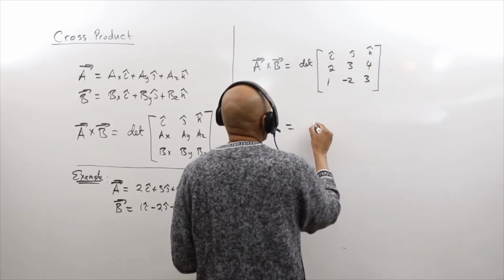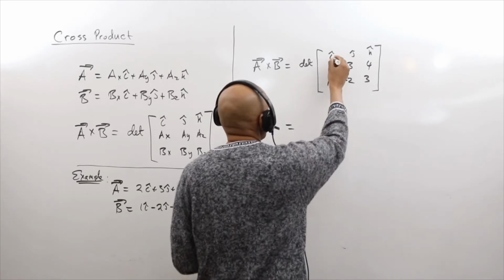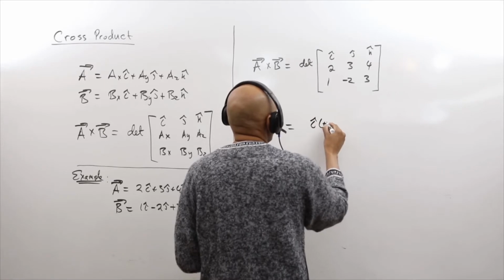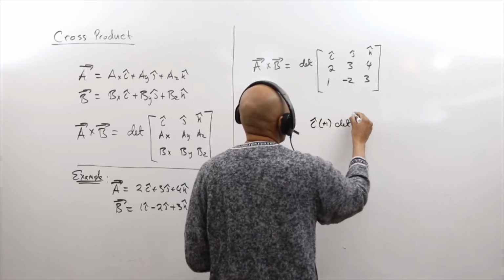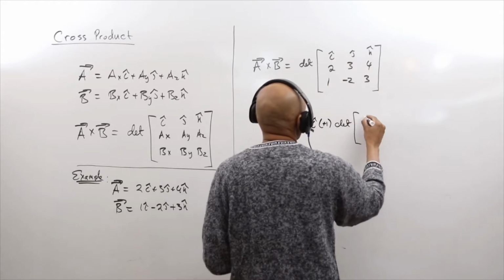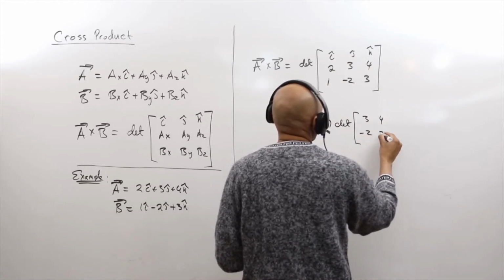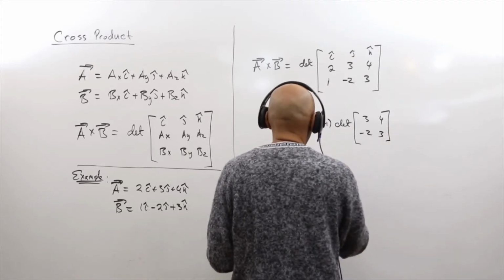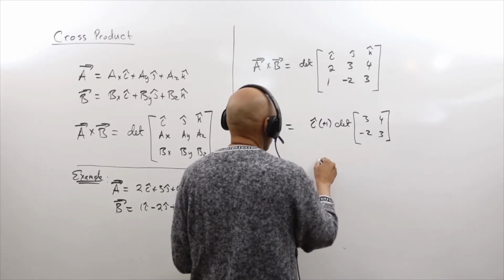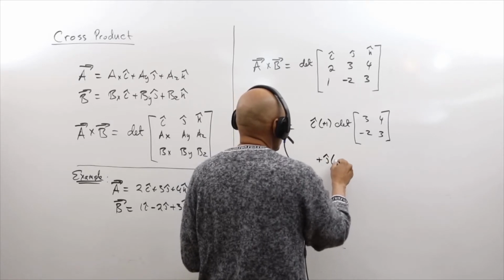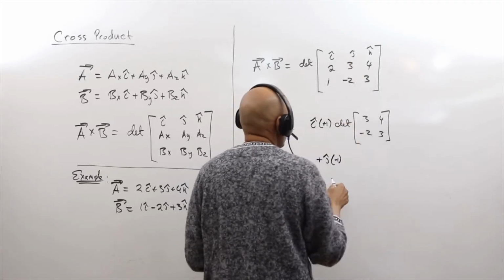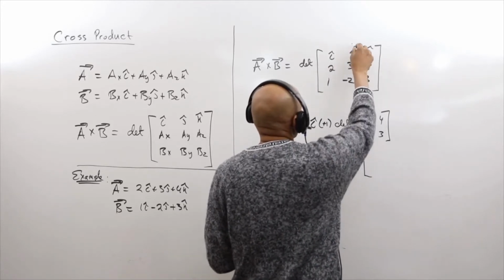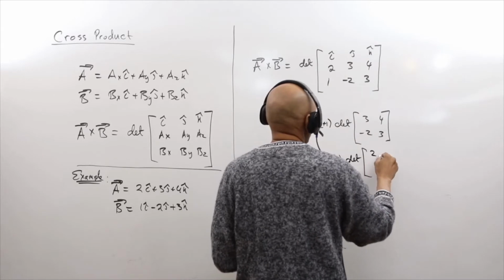So in that case we're expecting a sign matrix, so this will be plus, minus, plus. So this will be i times plus 1 times the determinant of the minor matrix. Remove this, which is 3, 4, minus 2, and 3. Plus j vector times minus 1, because the sign of the matrix for j is minus 1, times the minor matrix of, take out the row and column, you're left with 2, 4, 1, 2.